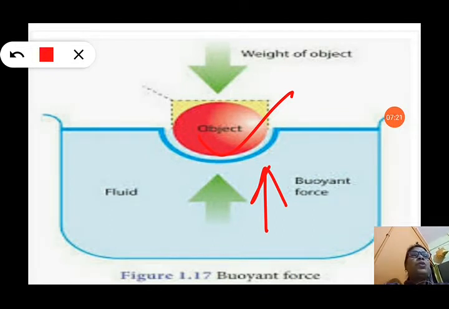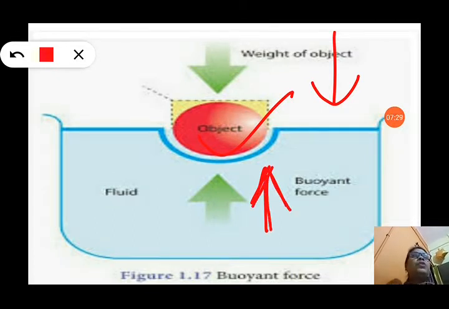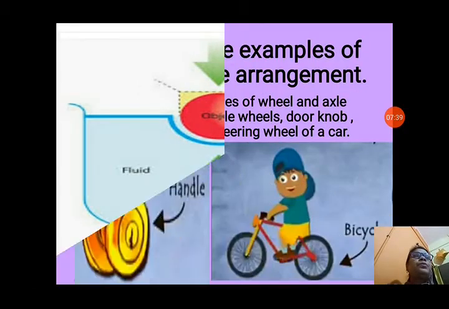The arrow is shown in the picture also. And weight of the object is going downside due to the gravitational force, and water pushes the object towards the upside so that the object floats on the water. And this upward force working on this object is known as upthrust or buoyant force.